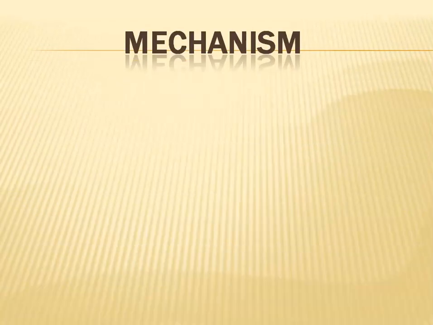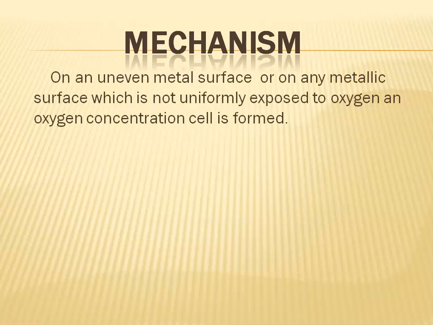Let us understand how an oxygen concentration cell works. On an uneven metal surface, or on any metallic surface which is not uniformly exposed to oxygen, an oxygen concentration cell is formed.